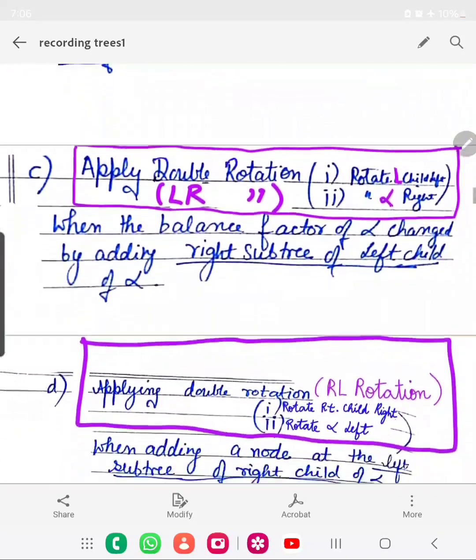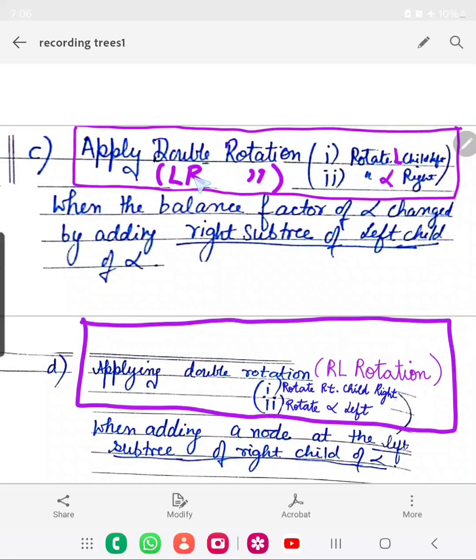Now, the third type is LR. LR means we added a node at the left child's right subtree of alpha. So when the balance factor of alpha is changed by adding a node into the right subtree of the left child of alpha.